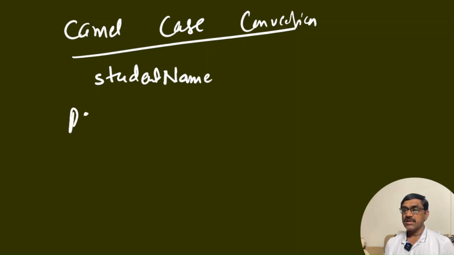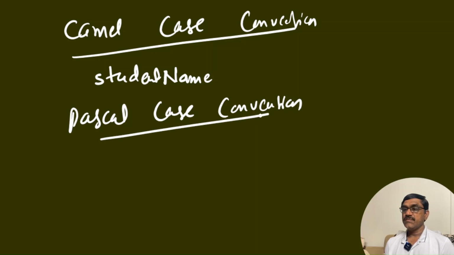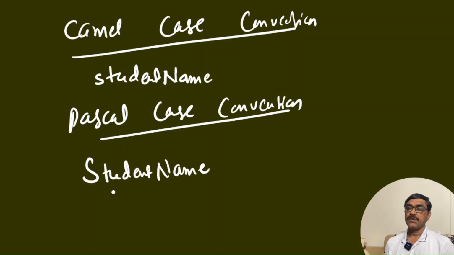Now coming to the Pascal case convention. In this convention, it is similar to the camel case convention, but the first letter of every word is capitalized. That means the above variable can be represented as capital S, student, and the first letter of the second word is also capitalized, student name.